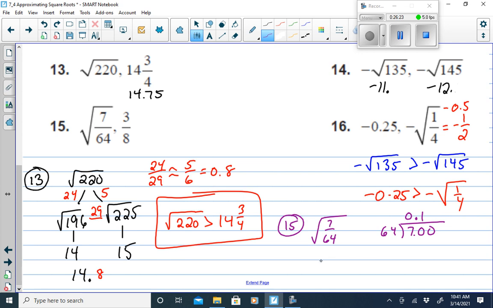So we want to compare the square root of 0.1. That is going to be less than 3/8, because 3/8 we know is 0.375. So the square root of that has to be less than 3/8. So this is going to be less. Okay, let's write that. That's 3/8. So that's going to be less than.